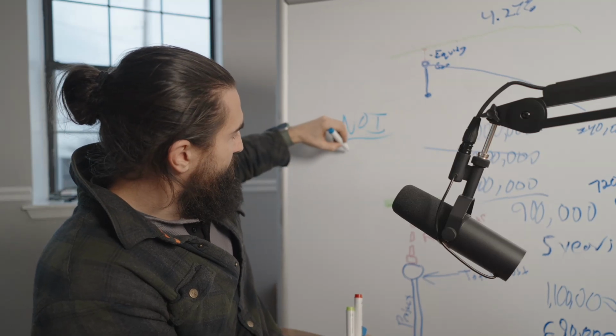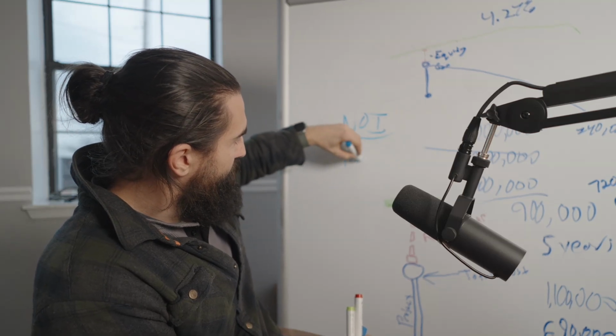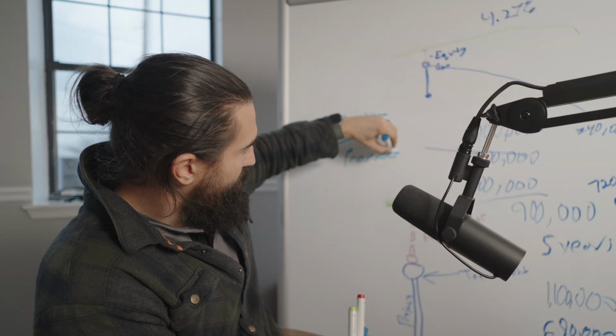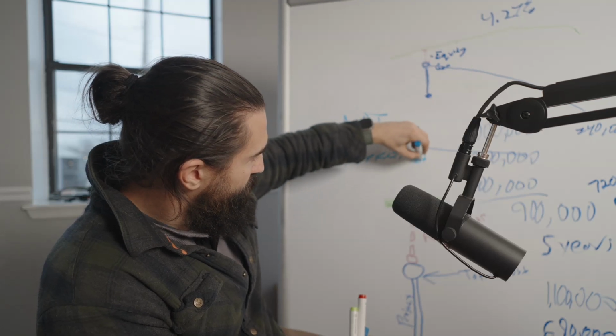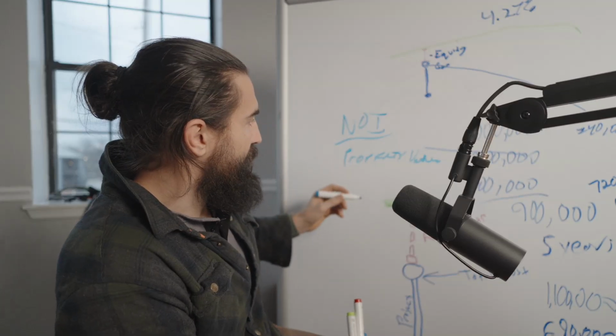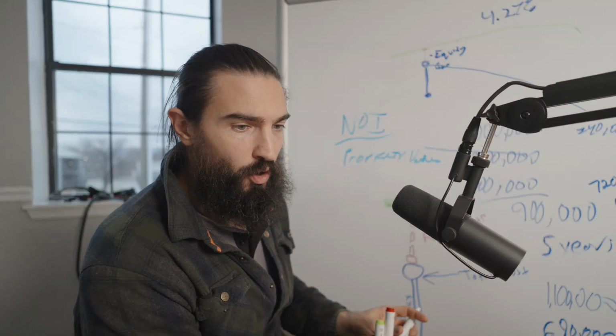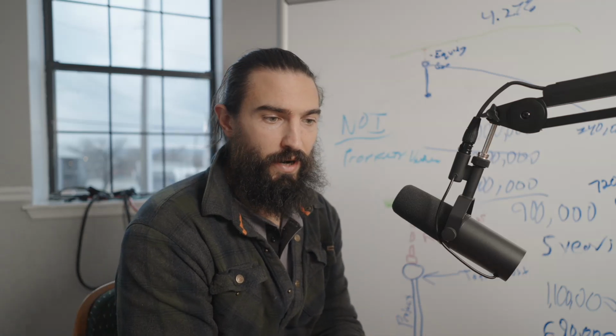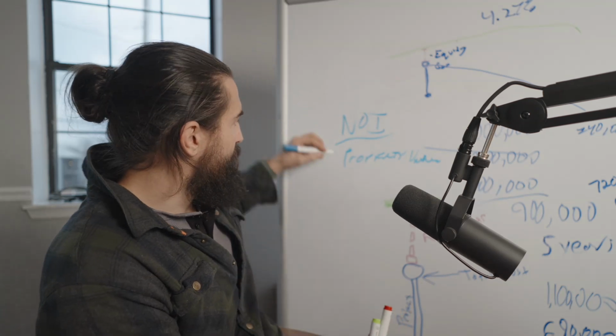NOI divided by property value. Dude, I have terrible handwriting, by the way. All right. So just like any formula, you can of course figure out what your property value would be backwards.